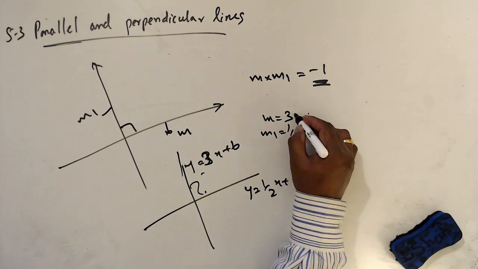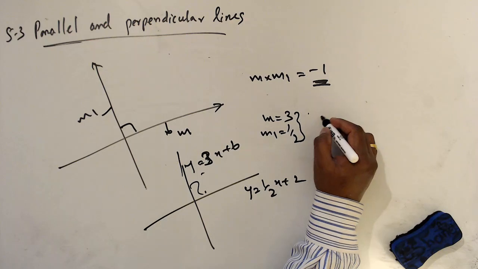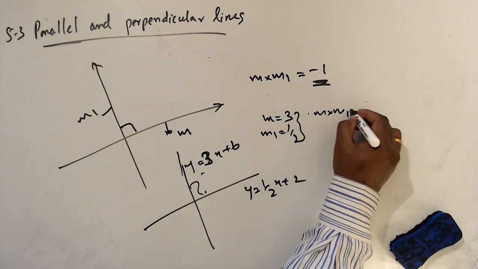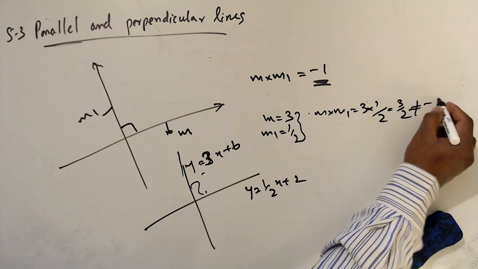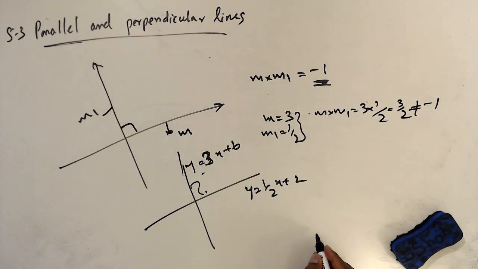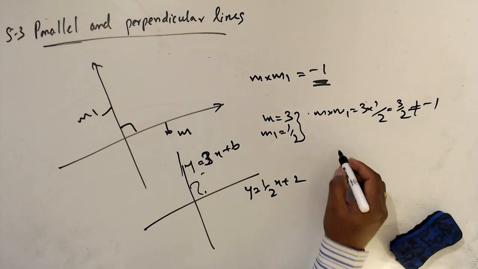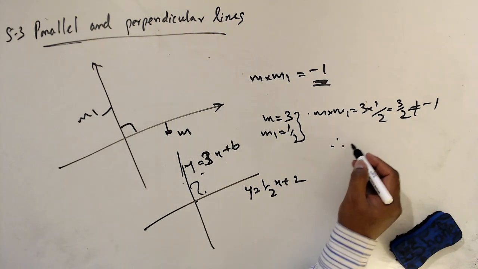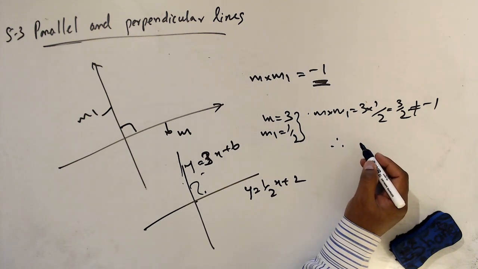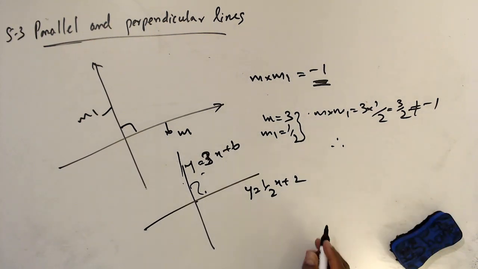Then I will multiply those two together. m times m1, 3 times half, which is 3 over 2, not equal to -1. Hence, those two lines are not perpendicular. If it is perpendicular, it will give -1.